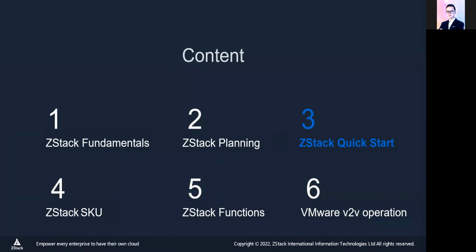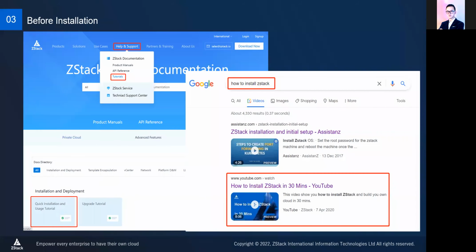So then we move to the ZStack quick start. How to install ZStack? I mentioned that installing ZStack is very easy. First, you can go to our English website, ZStack-cloud.com, and download our product's ISO, just like downloading a Linux operating system.